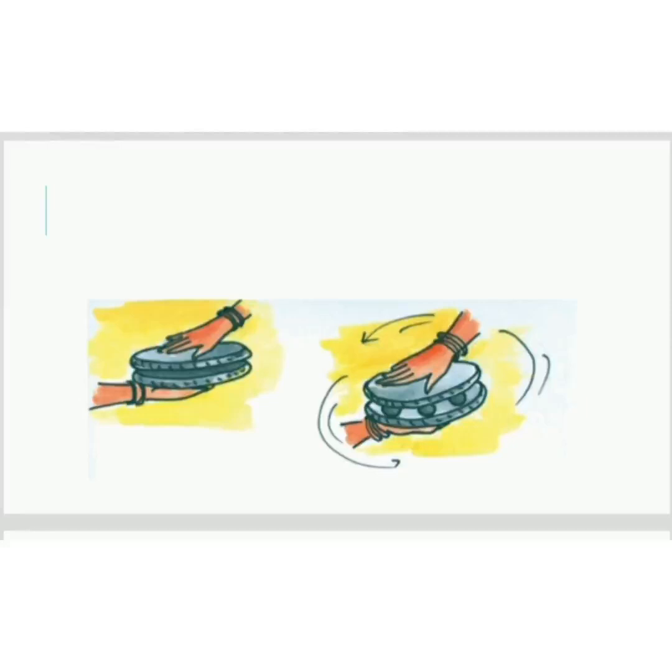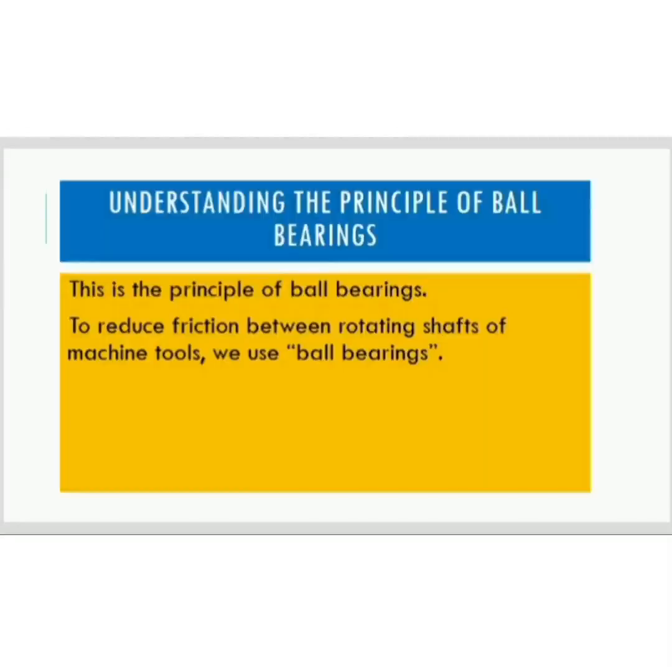Now here if we keep the ball bearings, like this is used in the factories where they use a lot of big machineries. So here they are keeping the ball bearings in between them so that heat is not generated and it doesn't cause damage to the machinery.